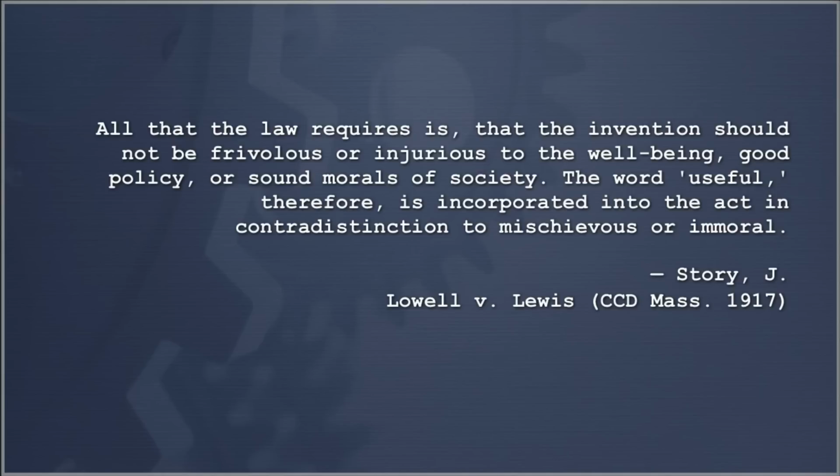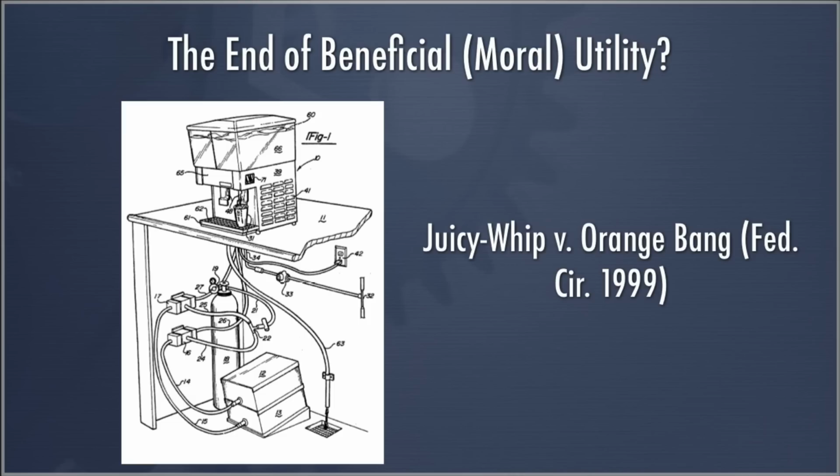And there was a long line of cases in the aftermath of Justice Story where trickery was found to be immoral and not an appropriate topic for patentability, and therefore patents were denied on trickery. And so the district court judge decided this patent would be invalid because the basis of the patent is to trick consumers into believing that they're receiving a different kind of juice than they actually are.